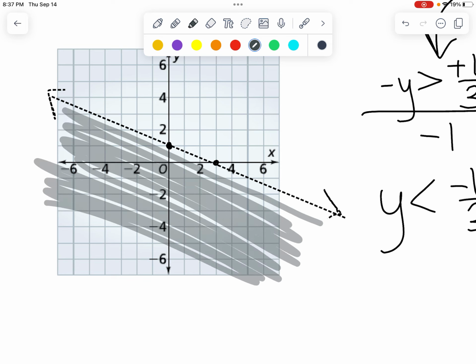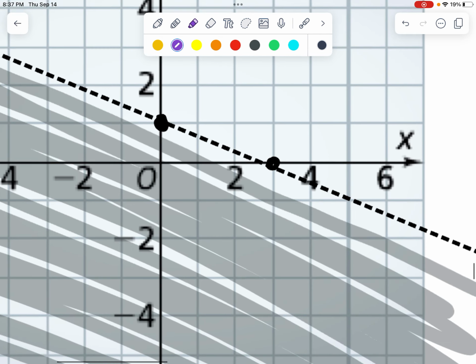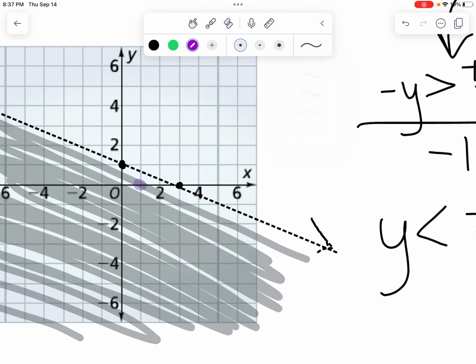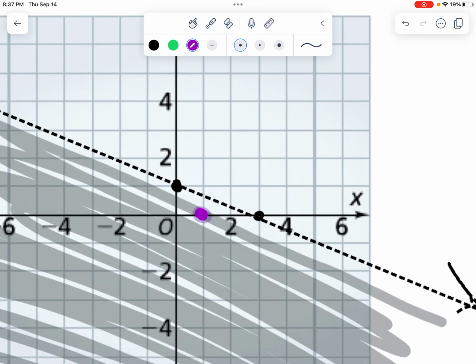All right, now I'm going to get the V on there. Over 1, up 0. Oops, guess I should probably use a pen there, huh? All right, there's my vertex. What else do I have? Slope is up 2 over 1.